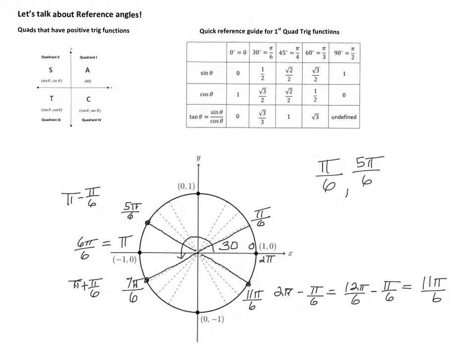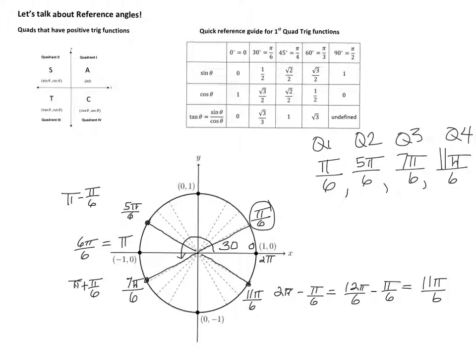Okay, so these are our 4 angles we want to look at: pi over 6, 5 pi over 6, 7 pi over 6, and 11 pi over 6. You notice we've got quad 1, quad 2, 3, and 4. So let me just remind you what we were talking about. The first angle is just our reference angle, pi over 6.